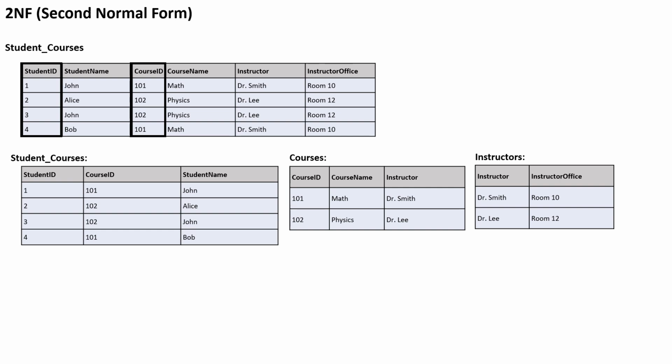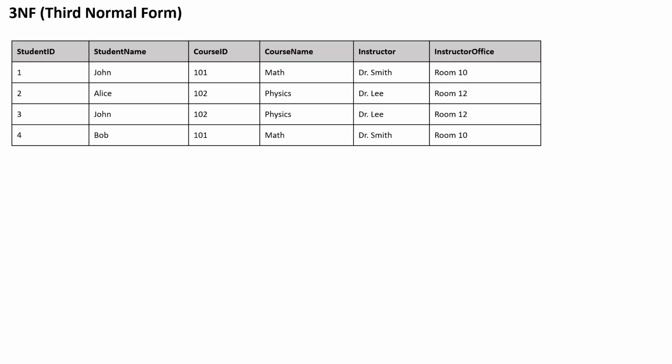Now let's jump on to the third normal form. The rule for third normal form is, first, it's in second normal form, which means the table shouldn't have any partial dependencies. Second, there are no transitive dependencies, meaning a non-key column must depend only on the primary key, not on other non-key columns.